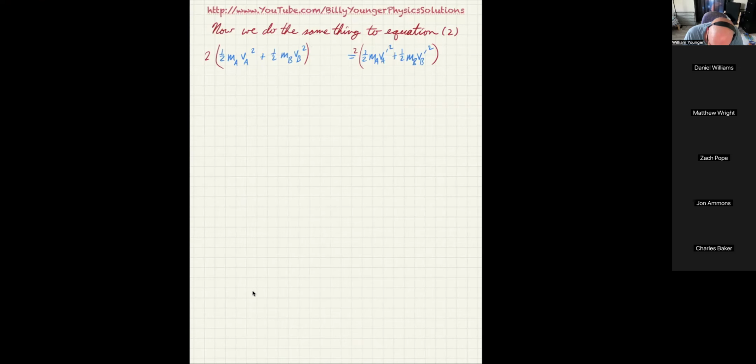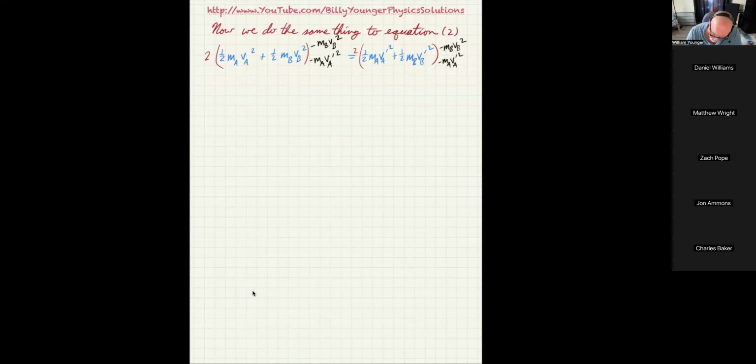So I'm going to subtract MB VB squared, and I'm going to subtract MA VA prime squared. This was MB VB squared, not prime. And I'm going to do the same thing over here. I have to subtract MA VA prime squared, and I have to subtract MB VB squared. Okay.